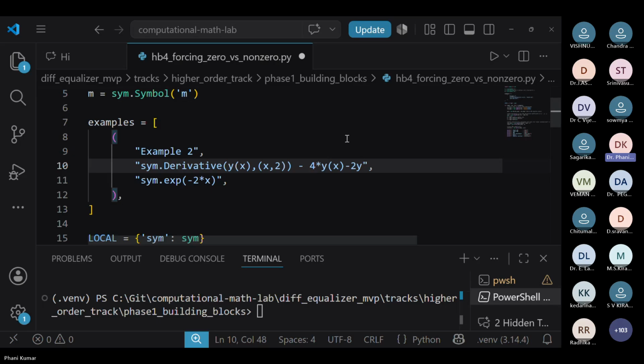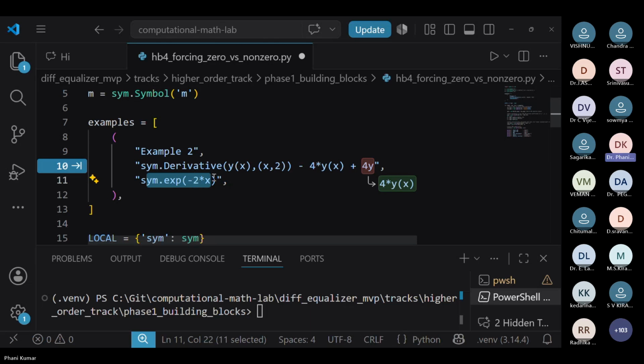Yeah, this is the differential equation, d square y by dx square minus 4 into dy by dx plus 4y, right? So this is the differential equation, sim dot derivative.